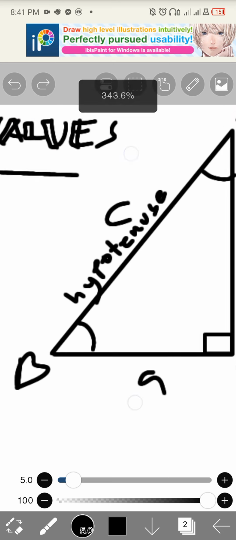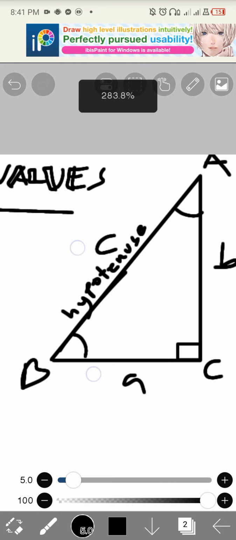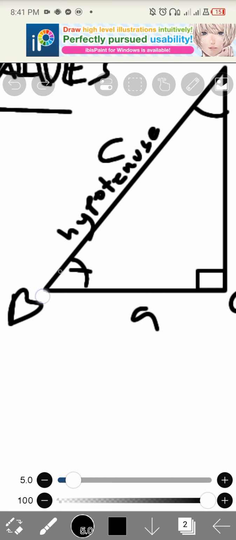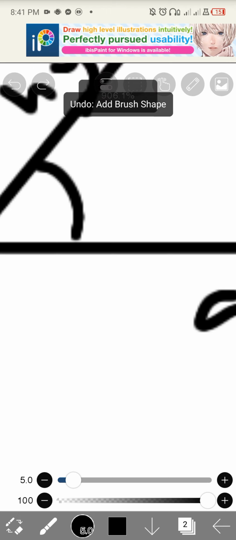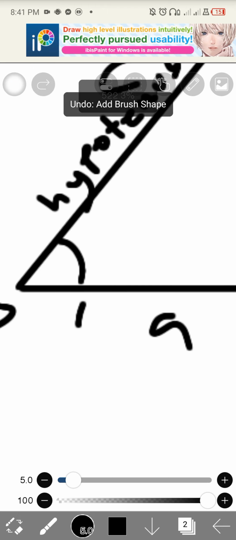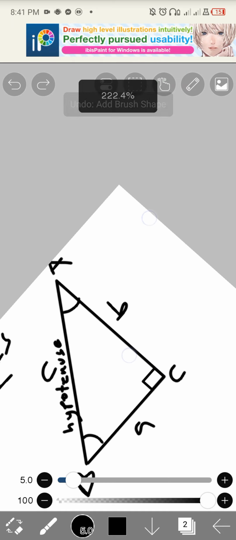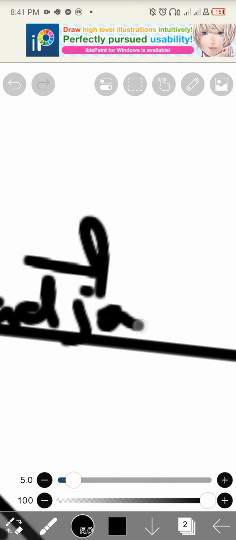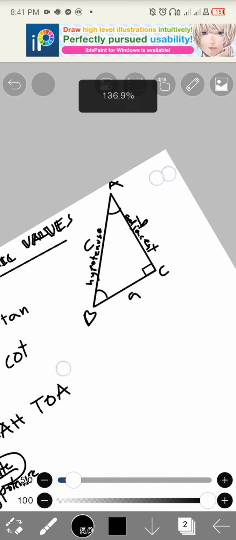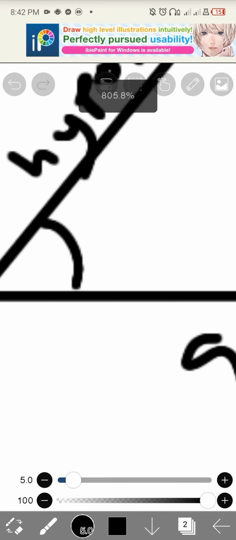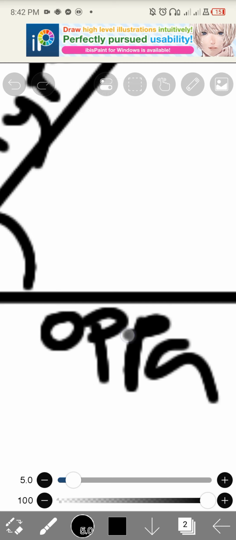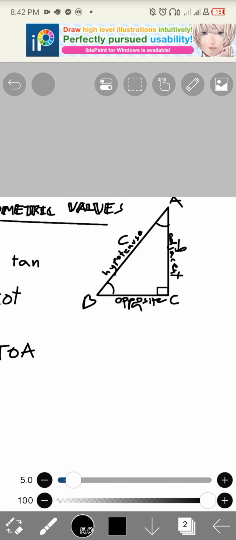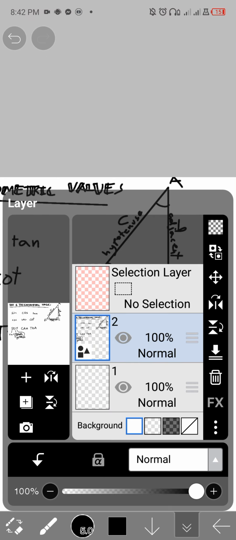What about sa angle B? Let's check. Kani ba? Again, no, since hypotenuse. Which means all we have left is side A, which means this is the adjacent side of B. Well, the opposite side for A is side A. Now that na-label na to, it's easy to memorize na lang.